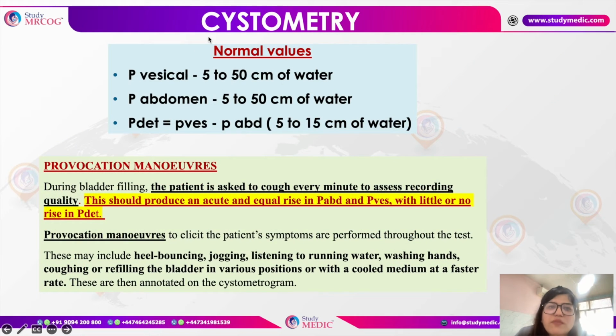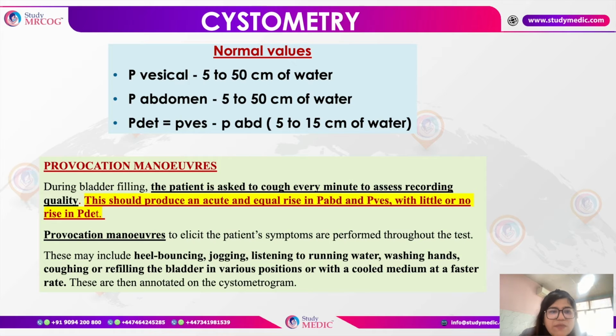Then what are the normal values? Normal P vesical is 5 to 50 centimeters of water, P abdominal is again 5 to 50 centimeters of water, and P detrusor, obtained by subtracting P abdominal from P vesical, is 5 to 15 centimeters of water. To rule out any kind of abnormality, when you are doing cystometry and put the catheter, you carry out certain provocation maneuvers.